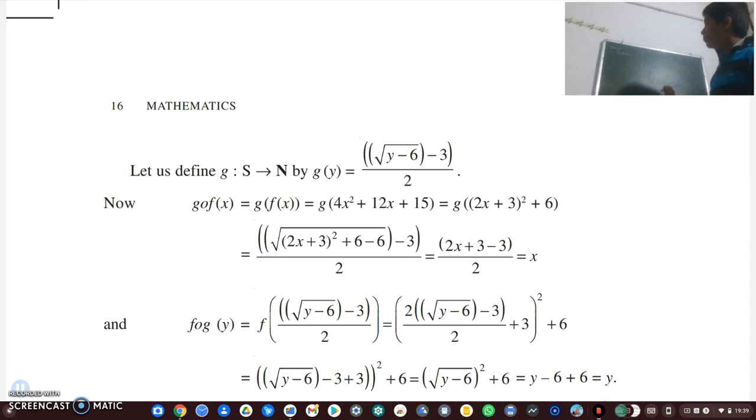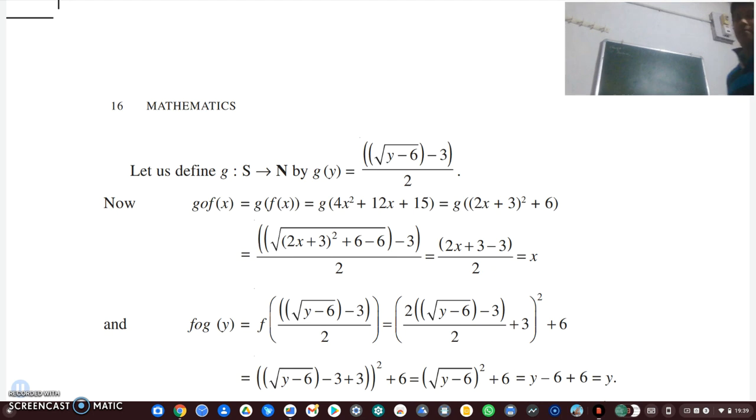Now to prove that this is onto, we need x in terms of y. So can we write y minus 1, bringing 1 to the LHS. Then y minus 1 as x square, and then we get x as root under y minus 1.